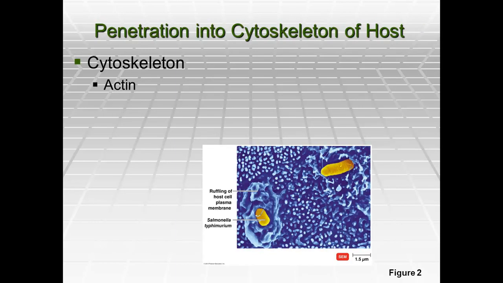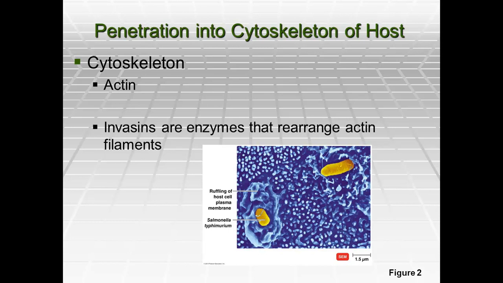Cytoskeleton. Actin is a protein that is a major component of the cytoskeleton. It gives the cell shape. Invasins are proteins that rearrange the actin filaments. For example, Salmonella alters the host actin to enter a host cell. So that's what you see in this picture. They're altering the actin to allow them to move in.